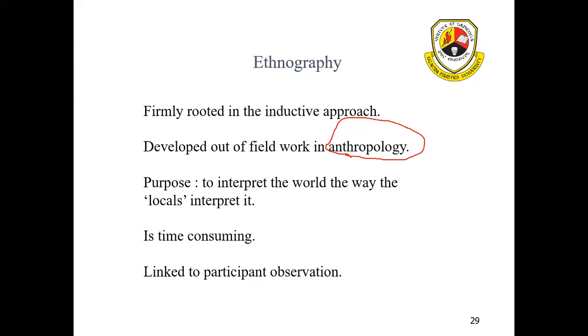So you find an organization has its own specific culture, its own way of looking at things, and ethnography can come in to teach you, as an IS student or an IS professional, something you may have missed out. A key point to note is that it is very time consuming, but it brings out certain things that may not otherwise have been understood.